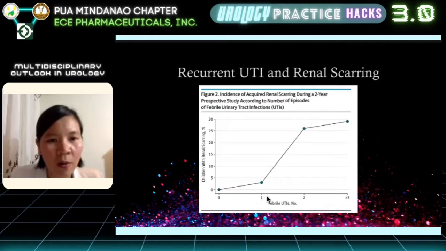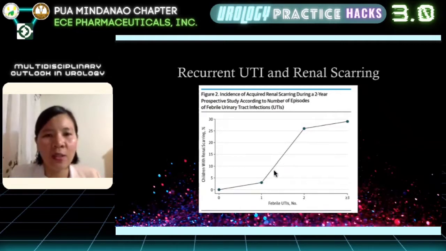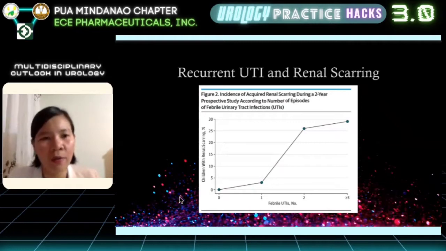Here, when the patient had only one febrile UTI, the risk of renal scarring is just 3%. And it increases to 30% after 3 or more febrile UTIs. So our goal in these pediatric patients is really to prevent renal scarring, and it is our goal to identify who among these children are at risk for recurrent febrile UTI.